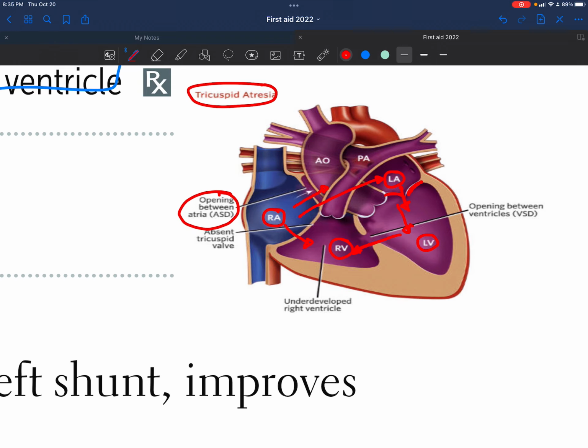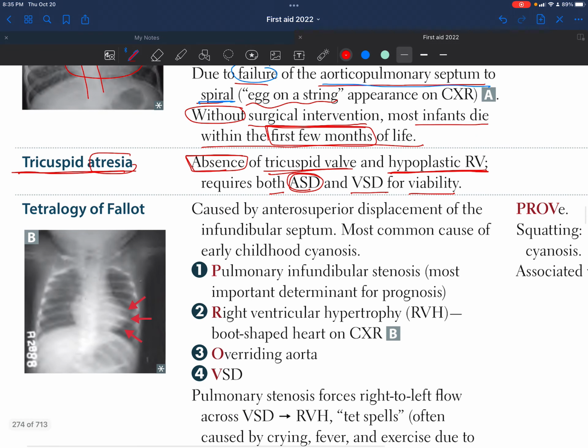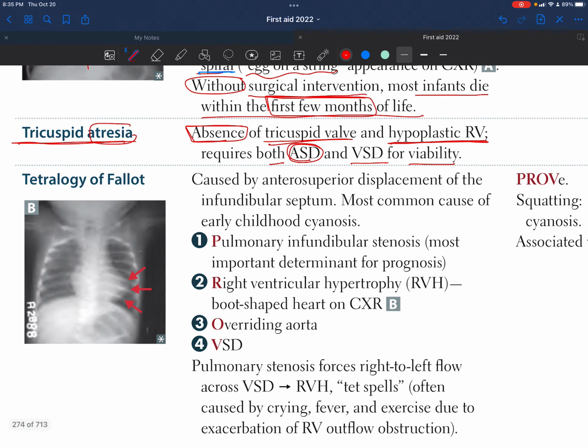That's how it can have an exit through the pulmonary artery, and then go to the lungs, where it gets oxygenated, and then come back from the lungs as oxygenated blood into the left atrium, which also gives it to the left ventricle, and then leaves through the aorta to go into the systemic circulation. So basically, we need the two openings to be viable.